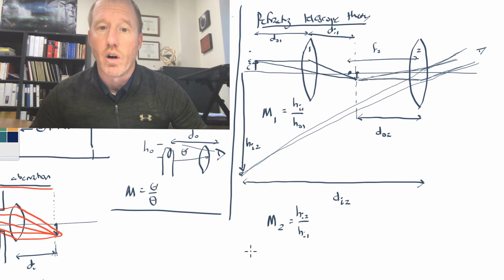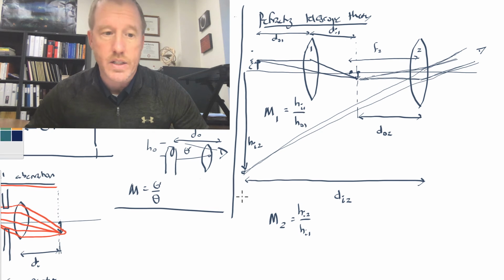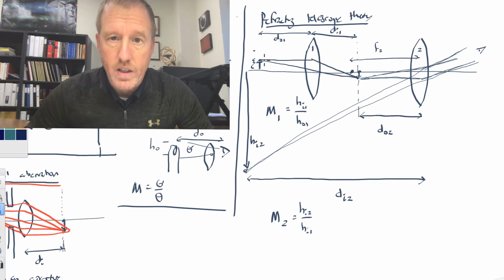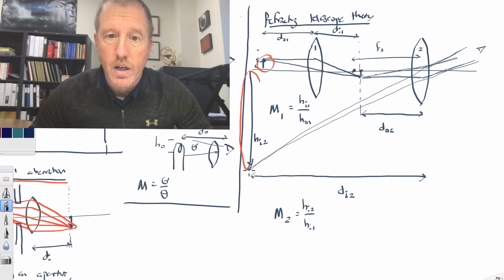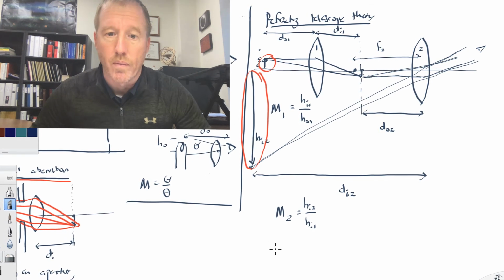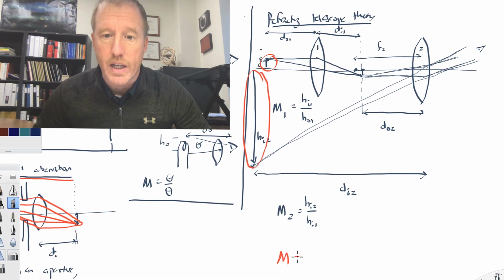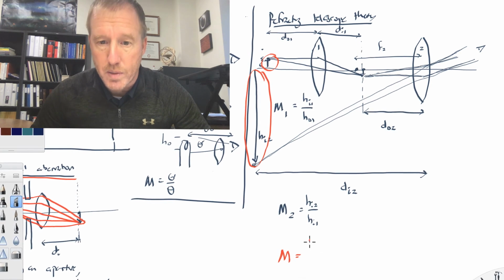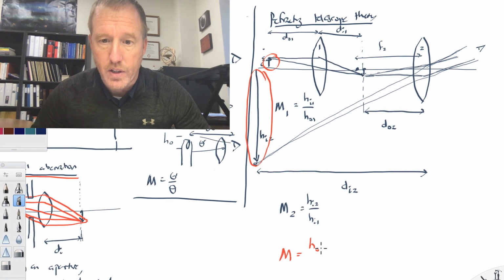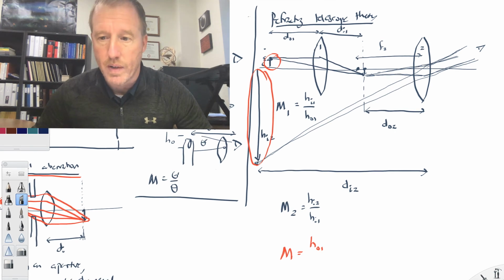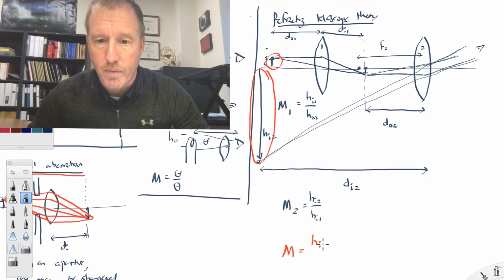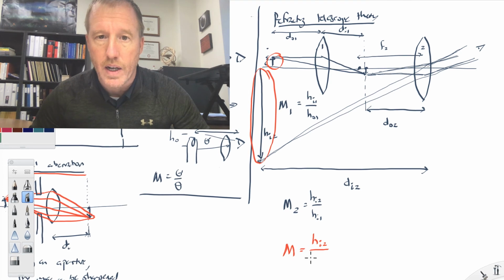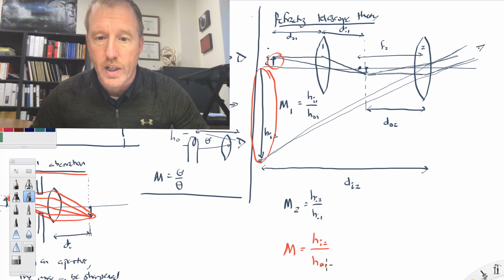And then overall, by comparing the height of your original object to the height of the final image formed, that is going to give you the magnification of your telescope. It would be the height of the image formed by lens 2 divided by the height of the object you're looking at with lens 1.